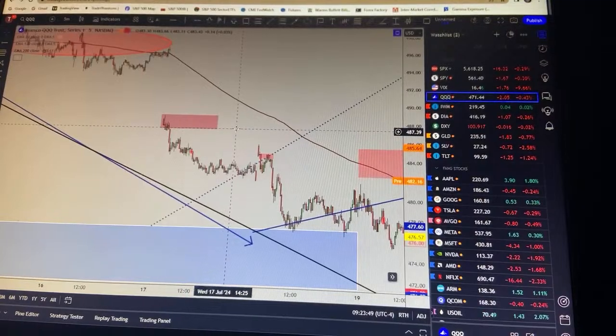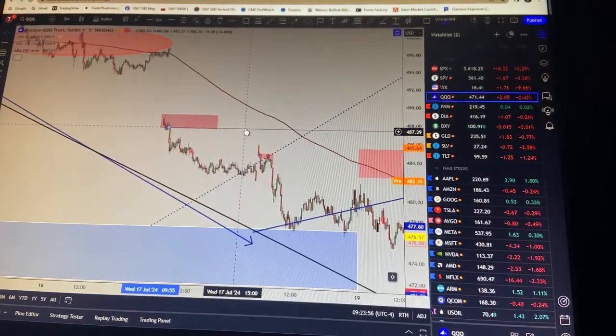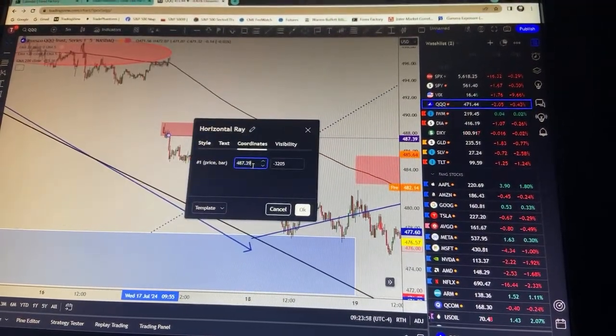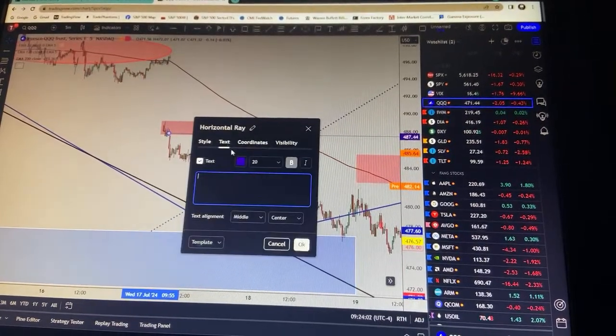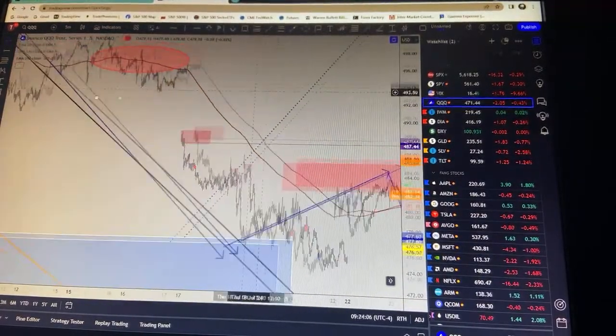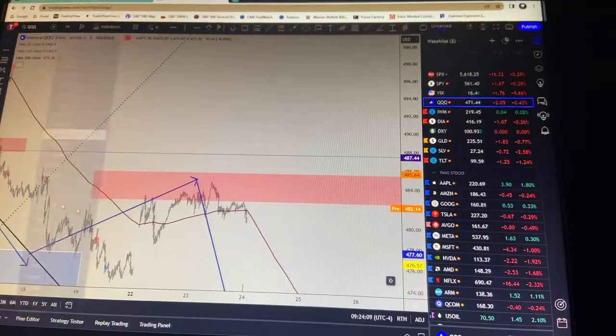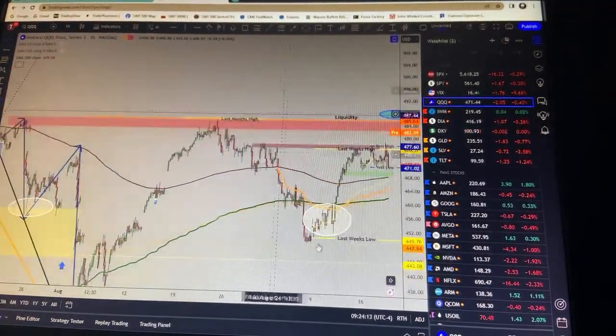So that comes in at about, write this down, 487.44. I would not be surprised if this market came up liquidity swept. And if I were to short, I would want to short where people have put an entry, where people have their stop losses, okay?